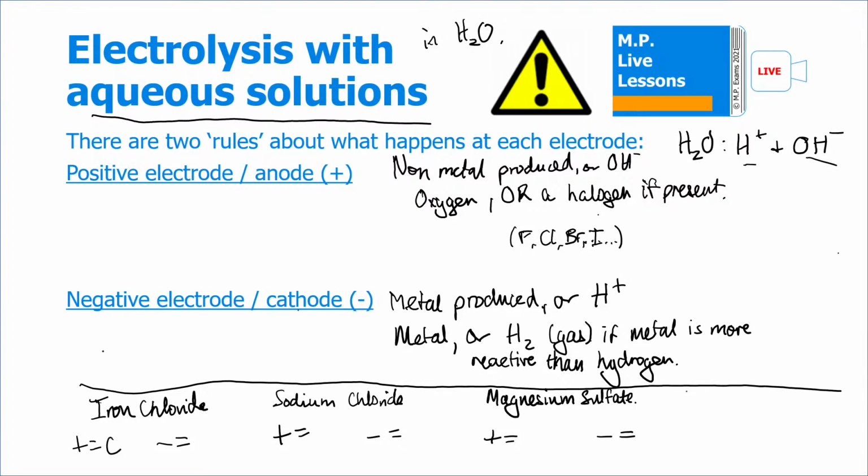So we have chlorine gas. At the negative electrode, or the cathode, we either get the metal produced, or hydrogen gas if the metal is more reactive than hydrogen.